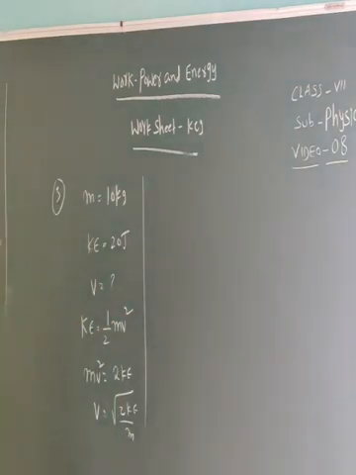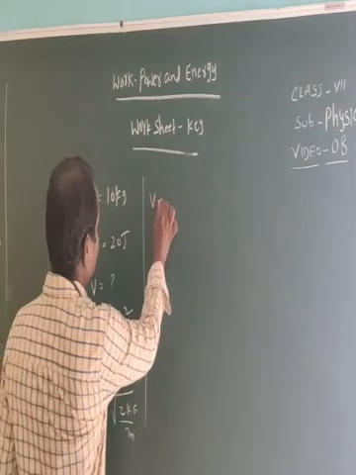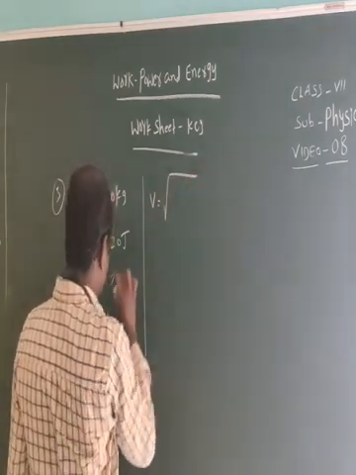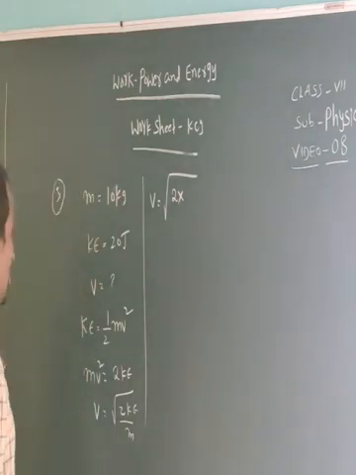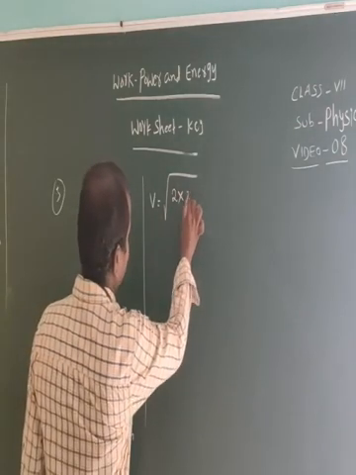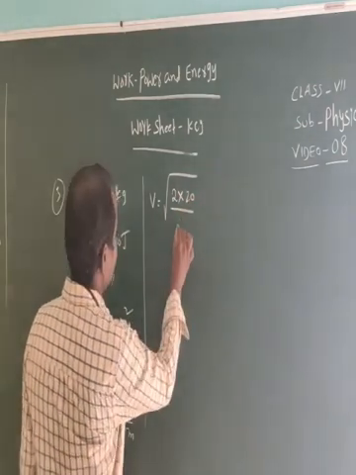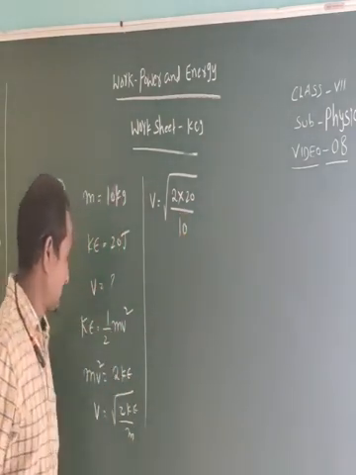So v equal to root of 2 into kinetic energy, K equal to 20, by mass, mass equal to 10.